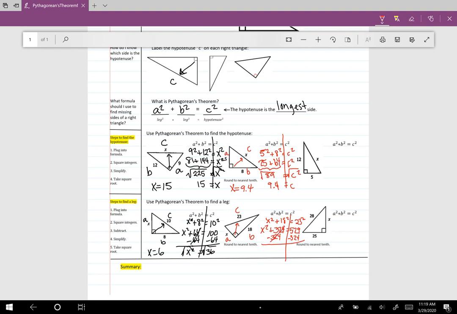Those cancel. X squared is left on the left. And 529 minus 324 is 205. To get x by itself, we take the square root. Those cancel, and you get x equals the square root of 205, which rounded to the nearest tenth is 14.3. So pause the video and complete the third one yourself.